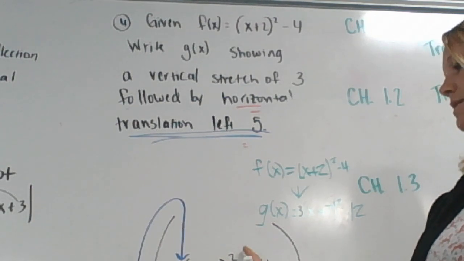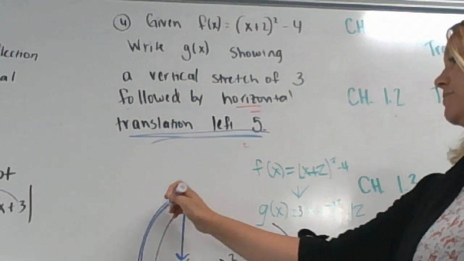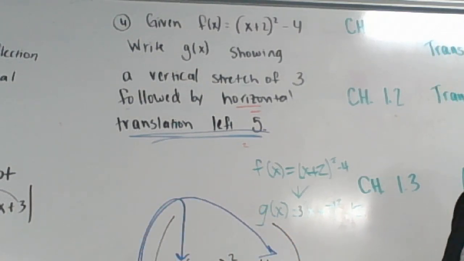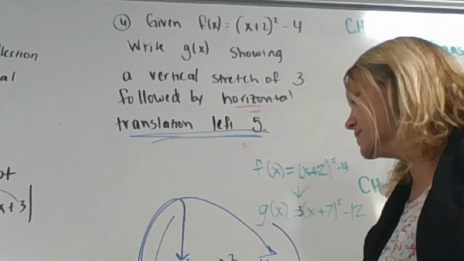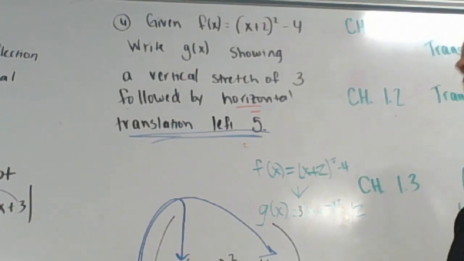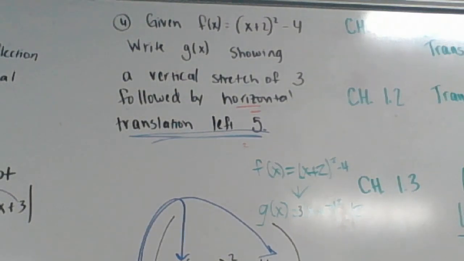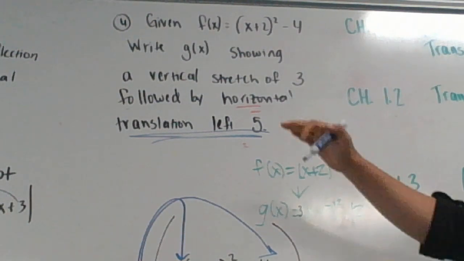Eventually it will, once we apply that 2, we can distribute it in, but right there. And then I'm going to distribute it all the way to the end, that minus 4. So it looks like 3 parentheses x plus 2 squared minus 12. It landed in front, and it went all the way to the 4 at the end. Okay? You cannot go into the bars, you cannot go into the quadratic parentheses.